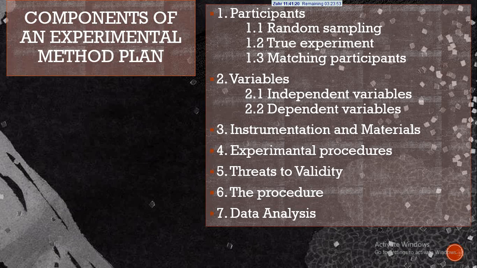For example, Borg and Gall outline six steps typically used in the procedure for a pretest, post-test control group design with matching participants in the experimental and control groups.